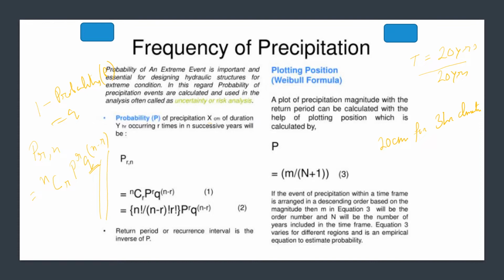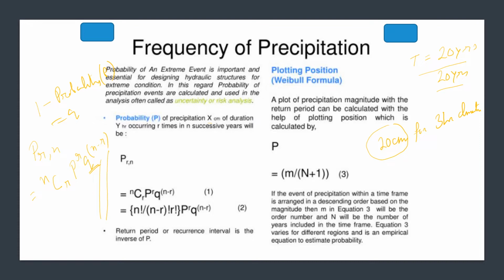What is the probability of this event, or some event which has more than 20 centimeter rainfall, to occur again in the next 20 years for only one time? What is the probability?